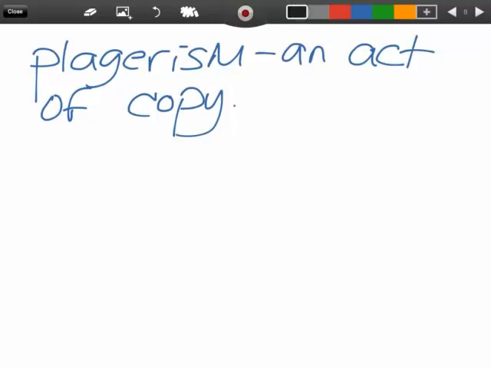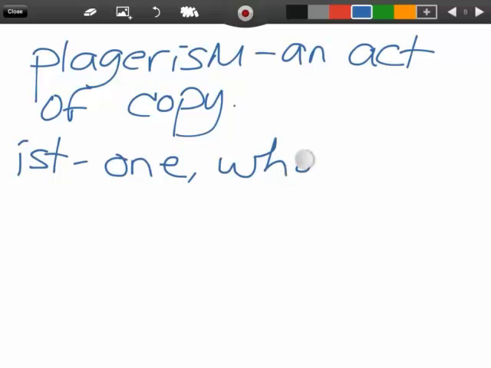Moving on to my next suffix is ist. And ist means one who. I'm going to give you an example word here. For example, finalist.